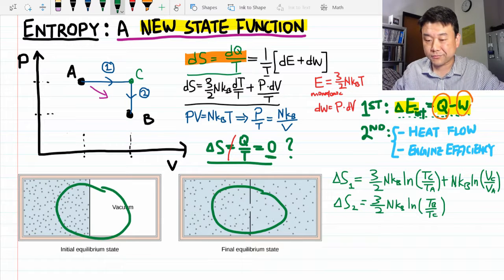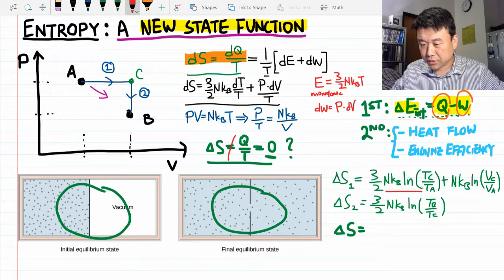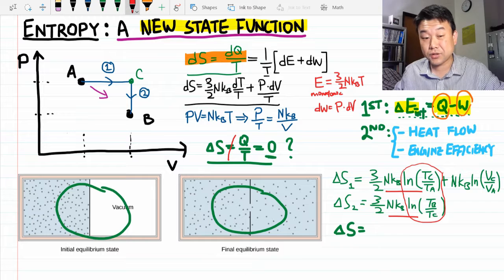So now let's write down the correct change of entropy. If you look at it carefully, the first two terms actually cancel out. If you factor out 3/2 nk and add these together, then Tb is actually equal to Ta. So the second thing is just a minus of the first thing, so they cancel out.